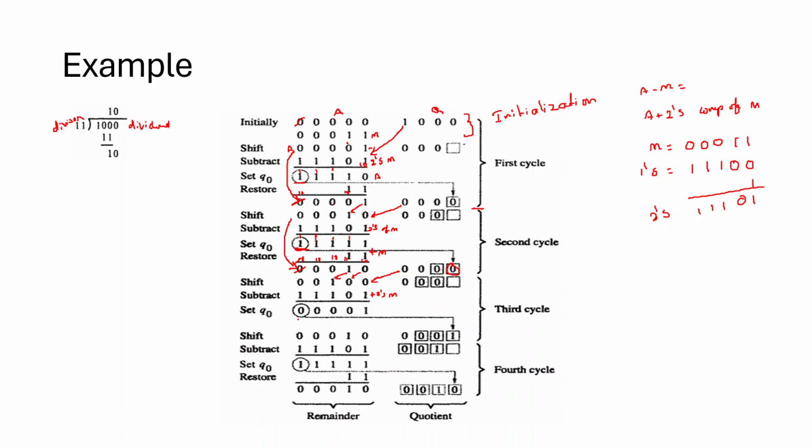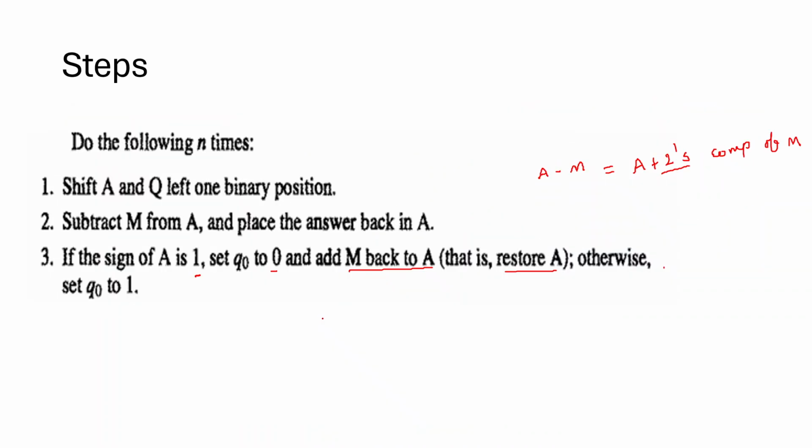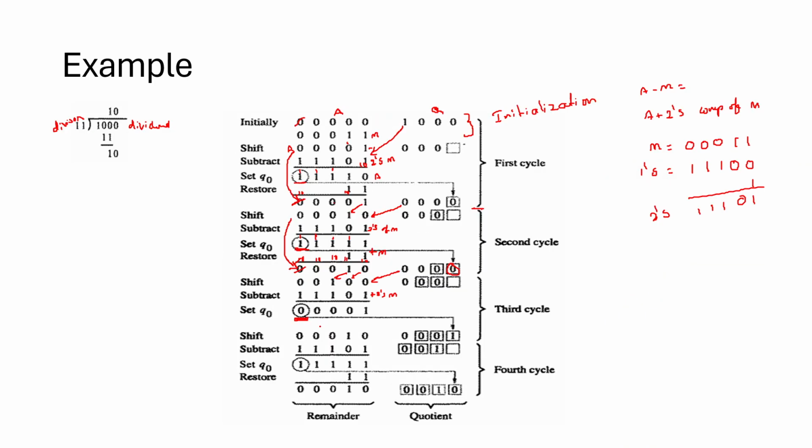After performing the addition operation, the third step is I need to check the sign bit or MSB bit of A. If the MSB bit of A is 0, if it is not 1, you need to set Q0 as 1 and no need to perform the restore operation.